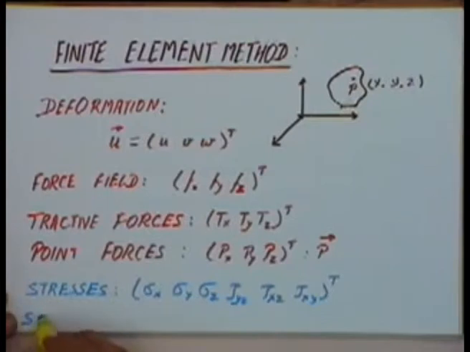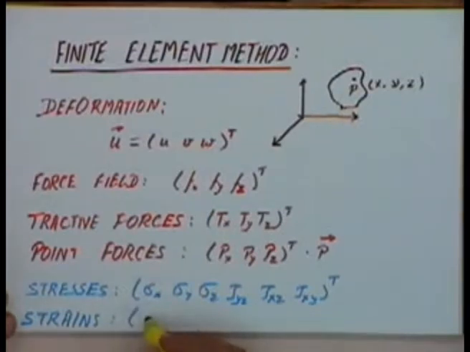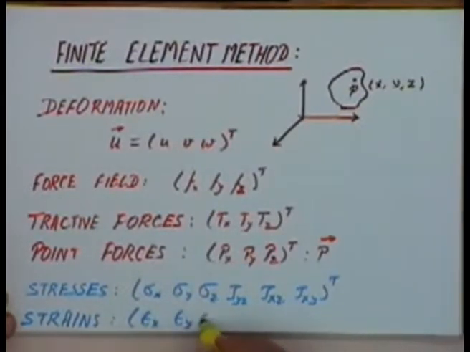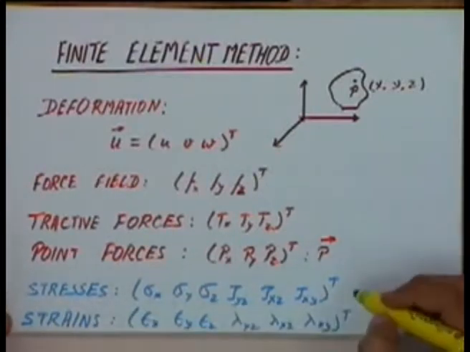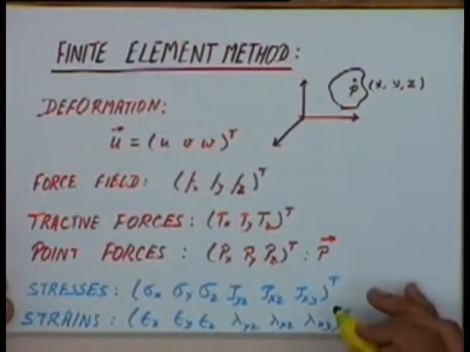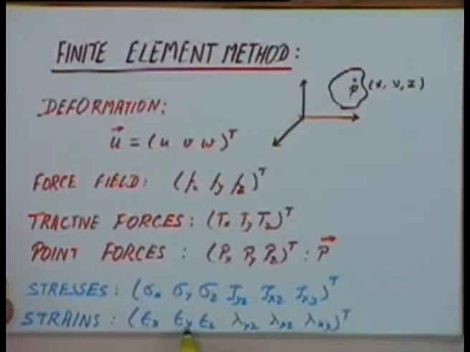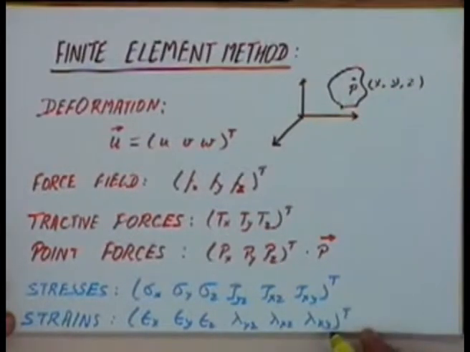And similarly, if we talk of the strains, the strain will be represented by epsilon x, epsilon y, epsilon z, lambda yz, lambda xz and lambda xy. Instead of representing stresses and strains by a 3 by 3 matrix, we will represent them by a vector consisting of 6 terms: the 3 normal strains epsilon x, epsilon y and epsilon z, and the shear strains lambda yz, lambda xz, lambda xy.